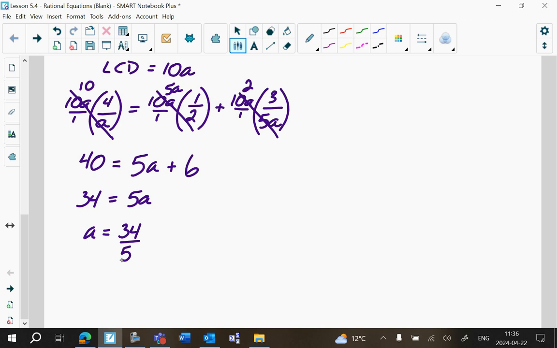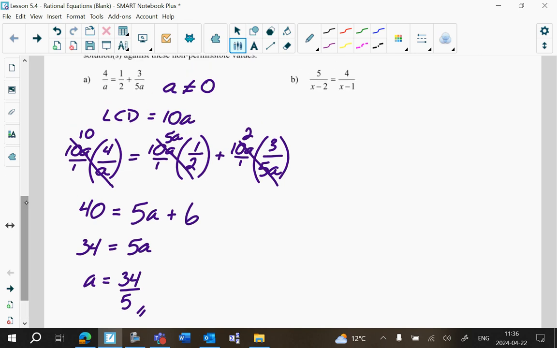Is that a non-permissible value? No, the non-permissible value was 0. This is okay. If we solved this and it worked out to 0, we can't accept it. There would be no solution. You would just write no solution. Okay?